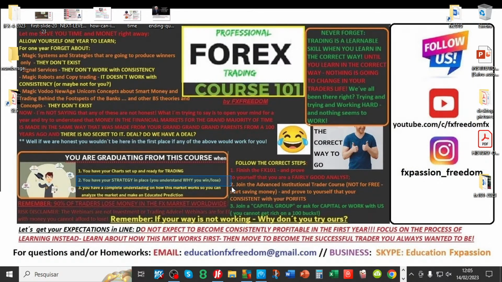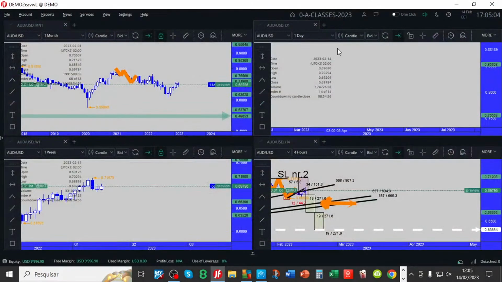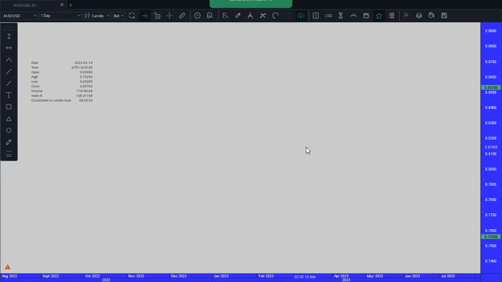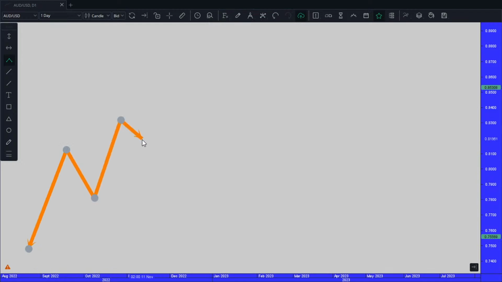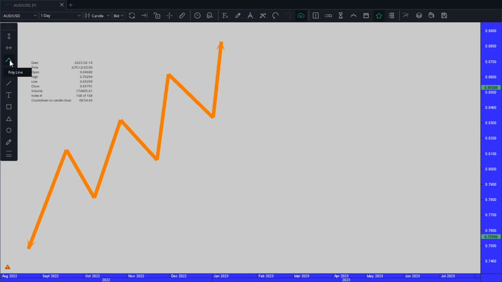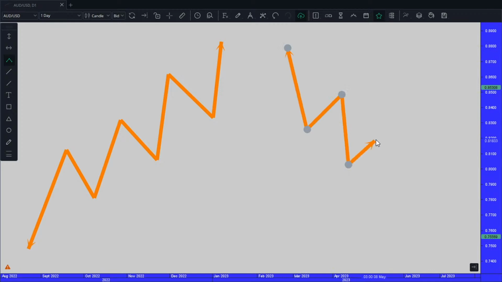Okay, what is your strategy? When in an uptrend, when the market's making higher highs, higher lows, and in a downtrend, when the market's making lower lows, lower highs, we can find trading opportunities with the counter trend lines.